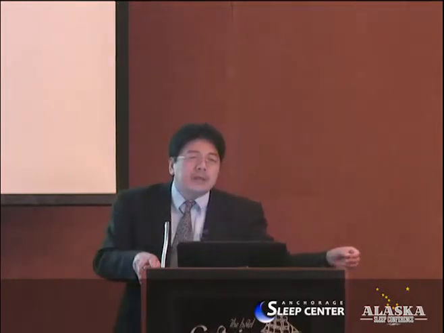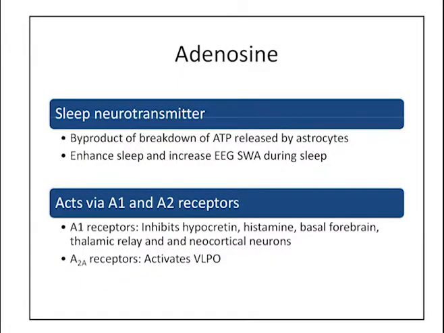Adenosine is another sleep-promoting agent. What it does is quite fascinating. Whenever there is activation of cells in the brain called astrocytes, they break down ATP, which is the source of energy. And this breakdown of ATP is what they use as the substrate for adenosine.